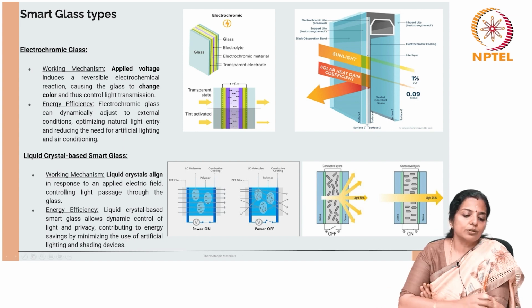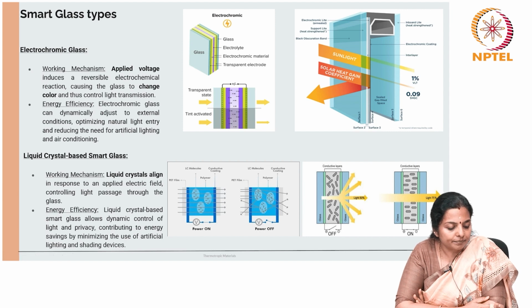So, when it comes to smart glass types, we have the electrochromic glass. What is the working mechanism? Applied voltage induces a reversible electrochemical reaction causing the glass to change color and thus control light transmission.